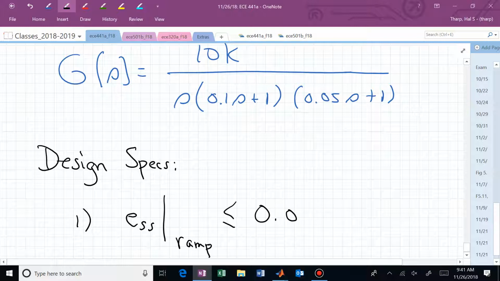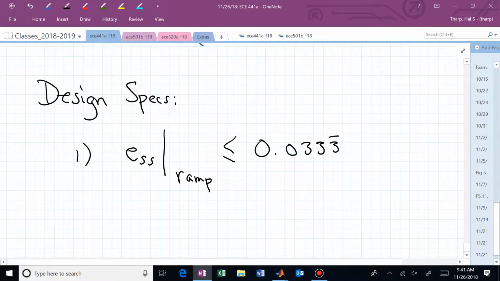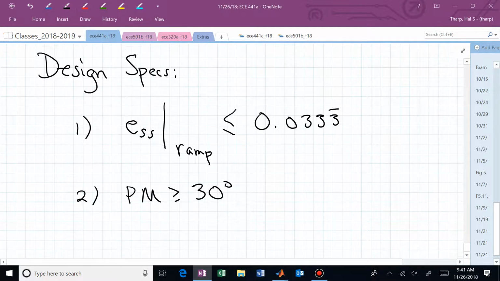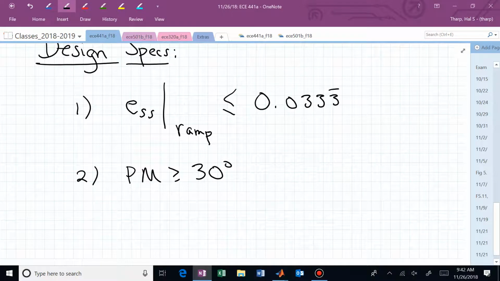Suppose somebody says we want our accuracy to be such that the steady state error when we apply a unit ramp is less than or equal to 0.0333. And next, the phase margin is greater than or equal to 30 degrees. Those are the design specs that somebody now has suggested we achieve with the given system.